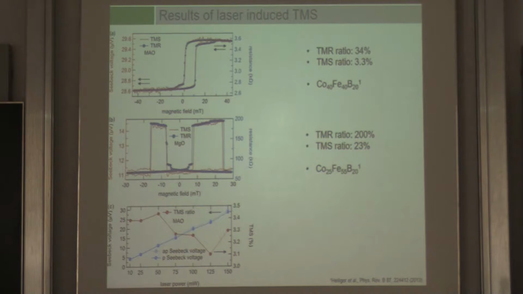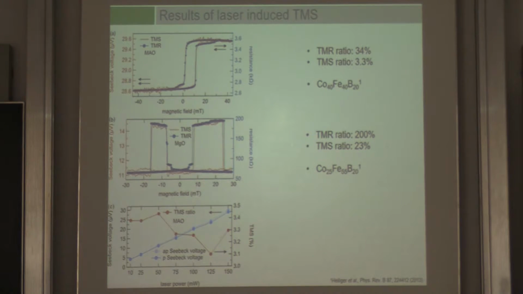And another thing that you can see in the MgAlO case, we have a nice linear behavior of our Seebeck voltage with the applied laser power, so we can go up to 150 milliwatts and see a nice linear behavior of the Seebeck voltage. And also you can see that the TMS ratio more or less stays constant around 3.3, 3.4, 3.1 or 3.2 sometimes.